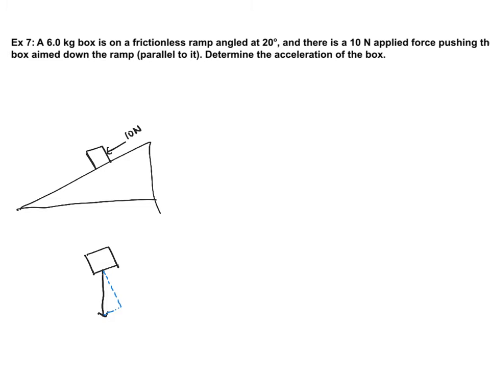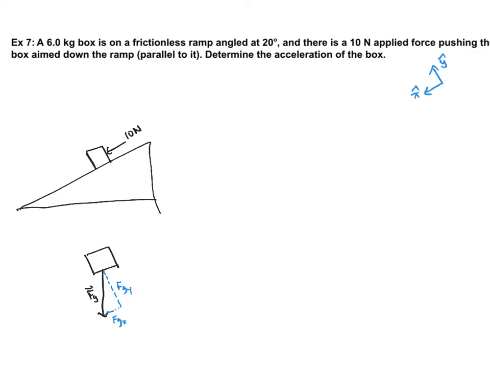I will define my components at the top right here. Those will be my reference directions. So that's gravity, and I will label these FGY and FGX for those components.